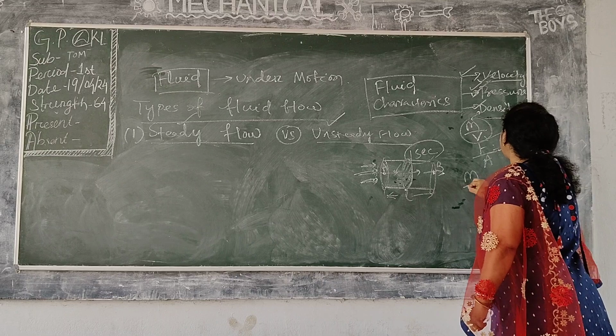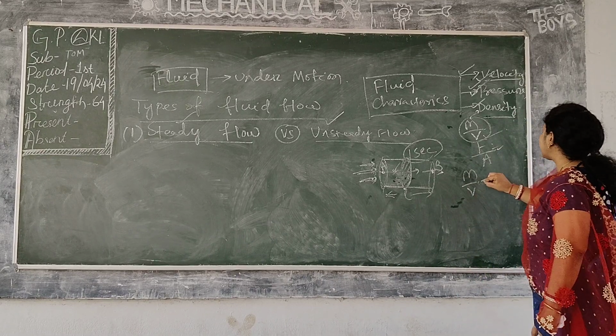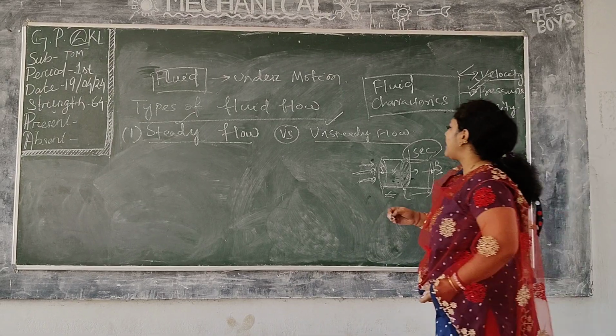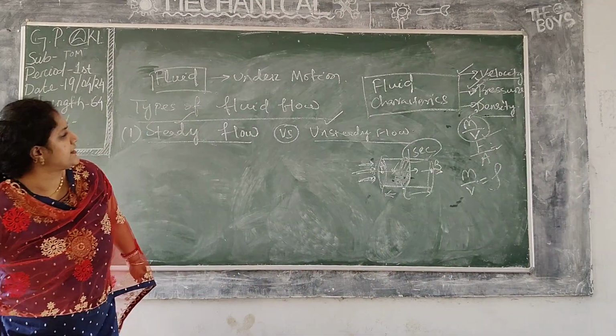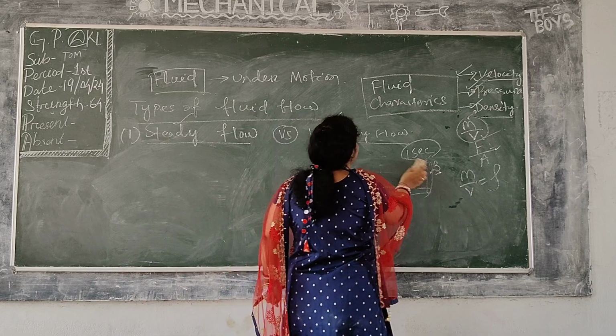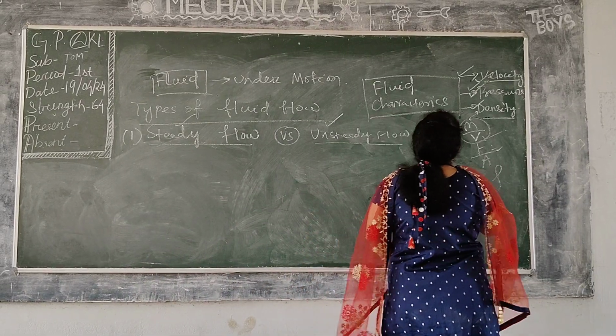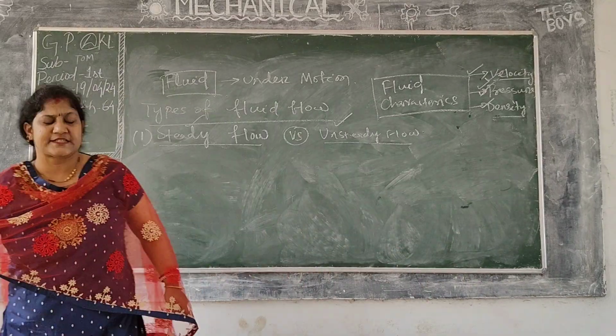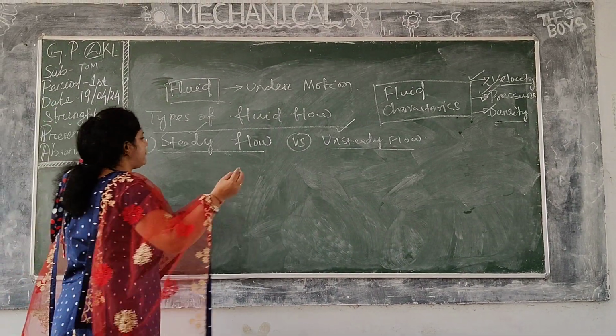So the mass per unit volume is known as density, which is signified by rho. So now we can say that these are the different fluid characteristics depending on which we can differentiate between unsteady flow and steady flow.